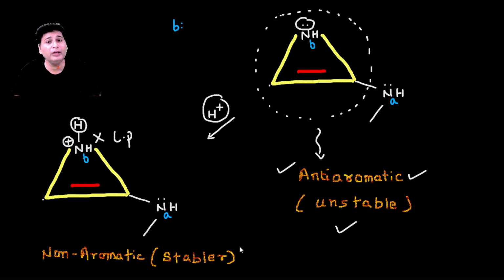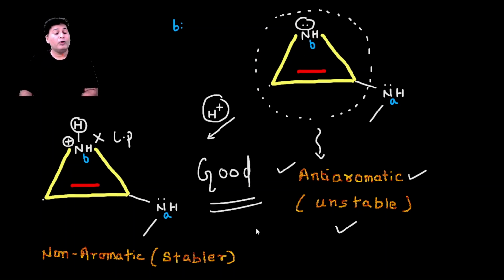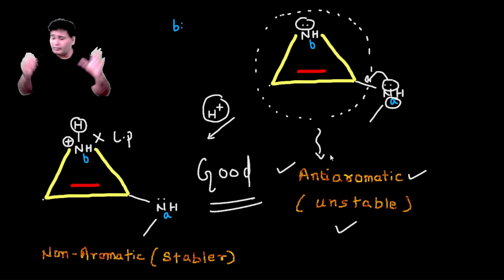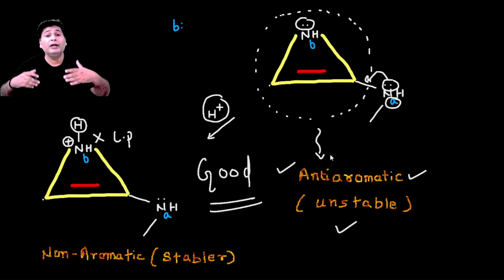Is it a good thing or a bad thing? It's a very good thing. Why? Because now it will be stabilized on losing that anti-aromatic character. On the other hand, in A there was also a conjugation, and as it was doing the conjugation, mind you, it was not giving the anti-aromatic character.